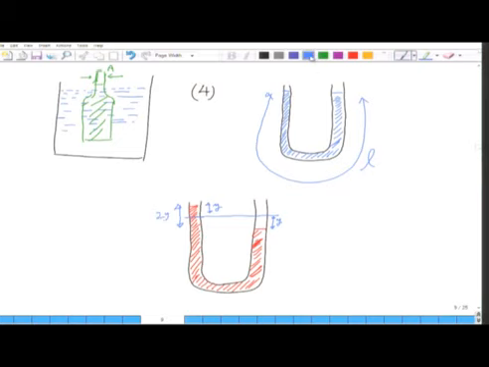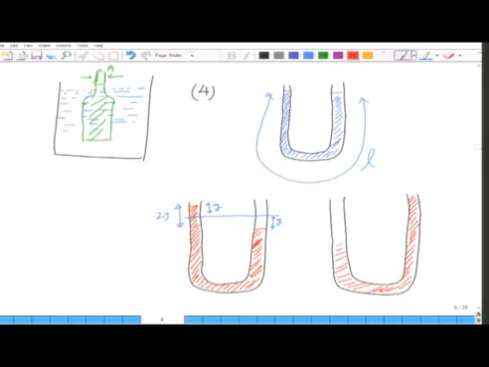It could be the other way also. The liquid could have been pushed up to the other side by an amount y.